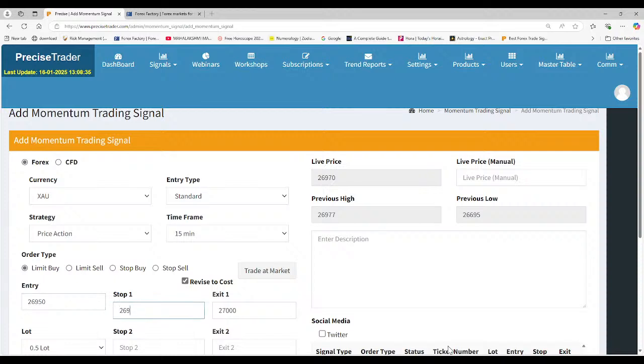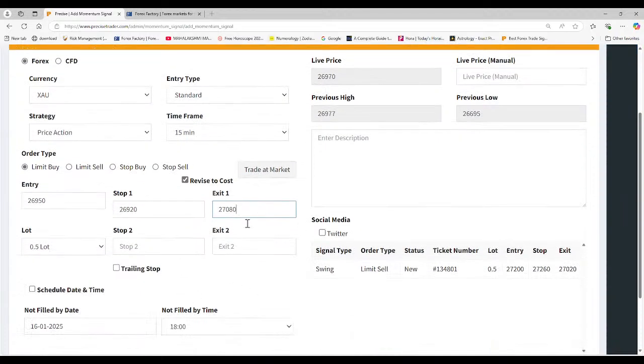Remember, your low is 2693, so we should see a stop at 2692 and a target of 2708. This is a half lot, and this one will give until 3 o'clock.